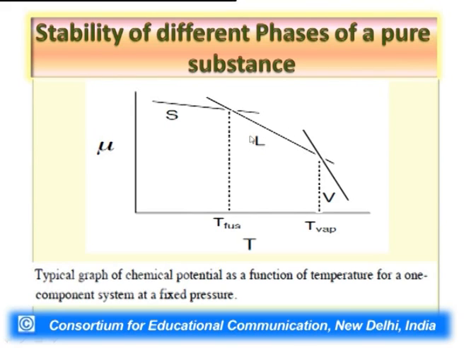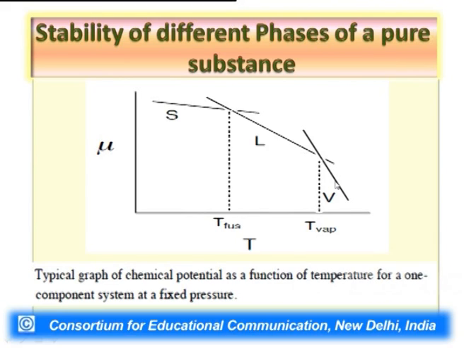Now you can see any point on the chemical potential versus temperature curve for the liquid phase represents a different value of chemical potential for the liquid phase between melting and boiling temperature, and hence we can say that between melting point and boiling point the liquid phase is stable because its chemical potential is the least.